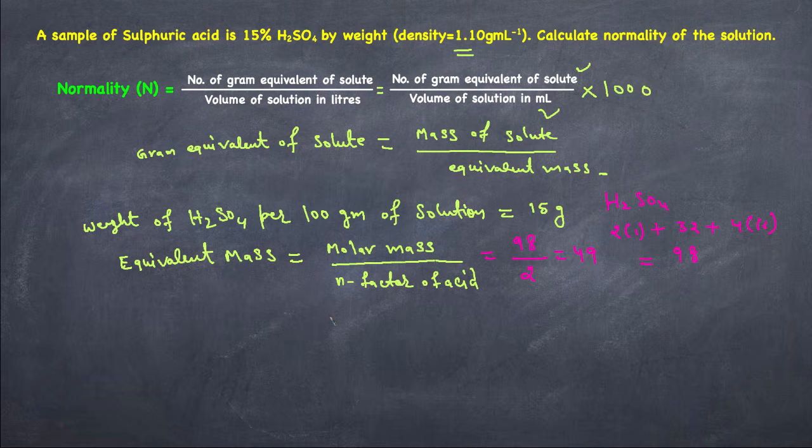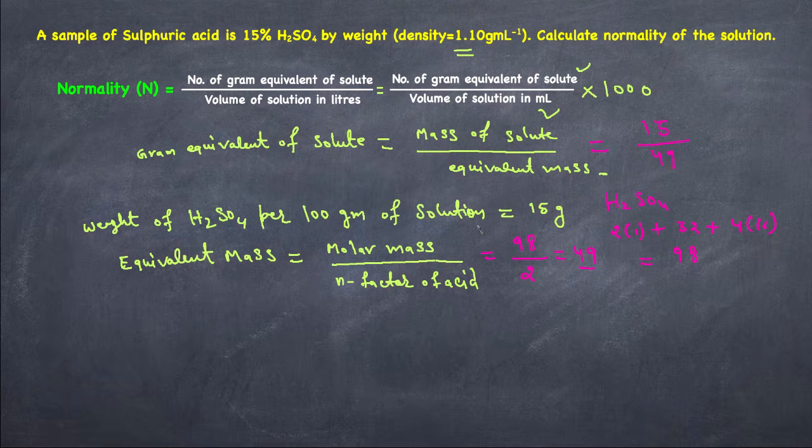So gram equivalent of solute is equal to mass of solute, which is 15, divided by equivalent mass, which we just calculated, is 49.